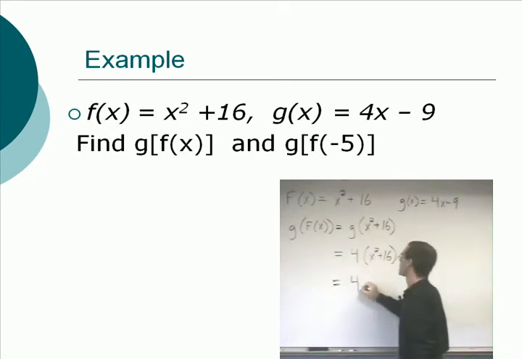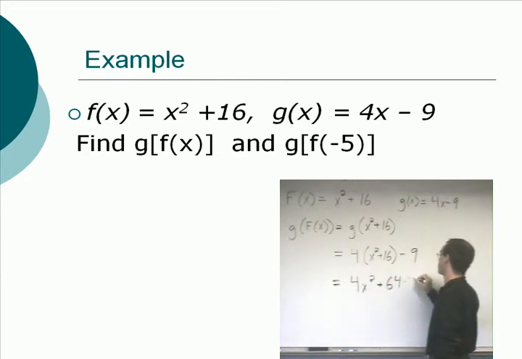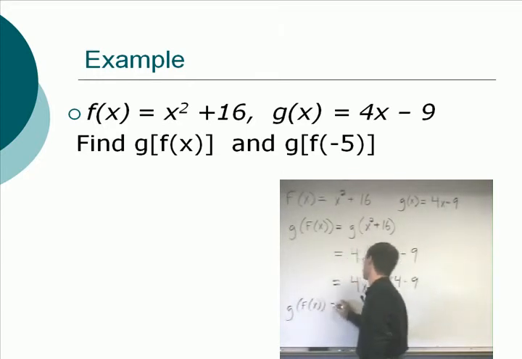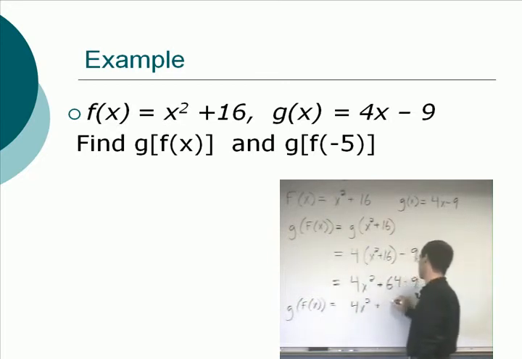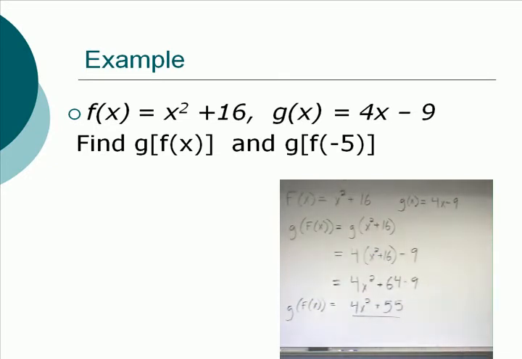So we get, this one's easier to simplify, 4x squared plus 64 minus 9. So g of f of x is equal to 4x squared plus 55. And that one's done. G of f of x.